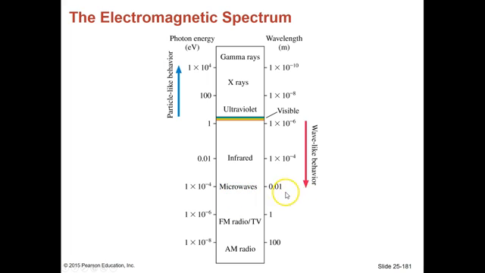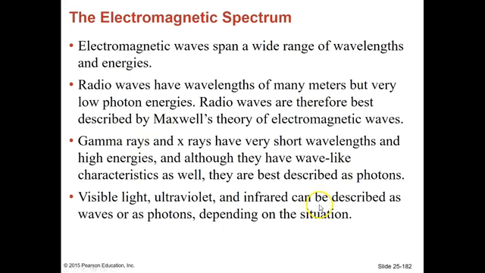We do know ultraviolet rays are dangerous to our skin if we get too many of them. And then we've got visible light, but if the intensity of visible light is too much, you can burn your retinas. So there are a lot of different things about this electromagnetic spectrum. There is a wide range of wavelengths and energies.